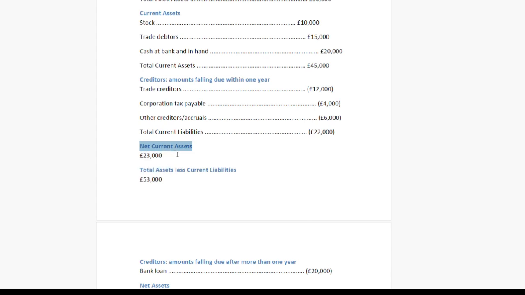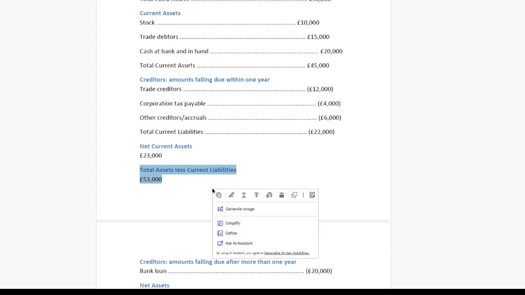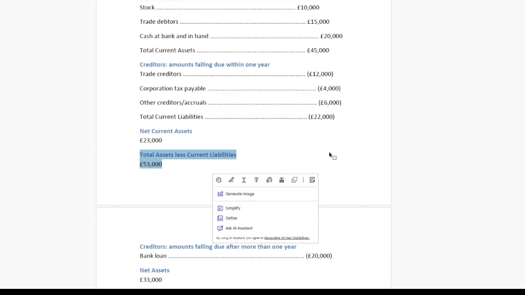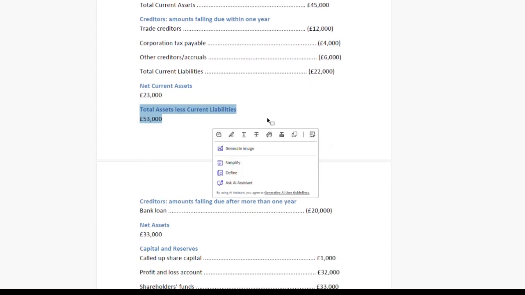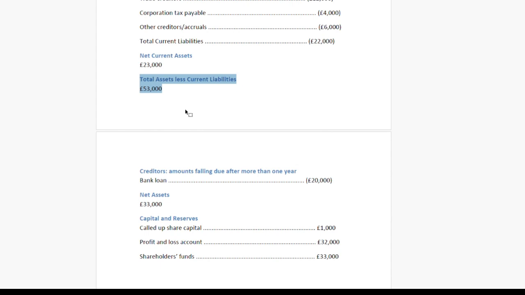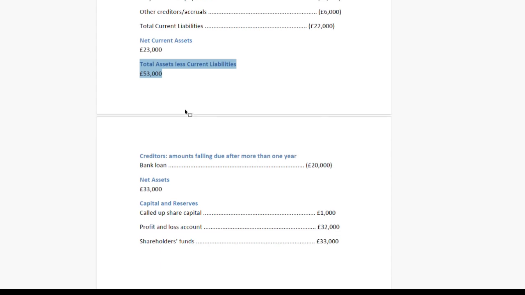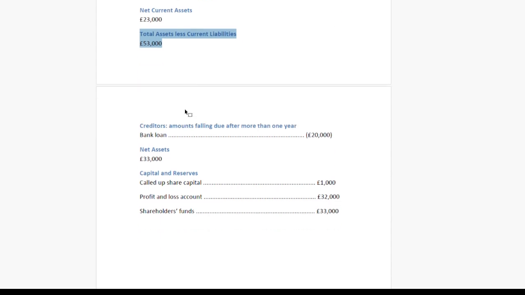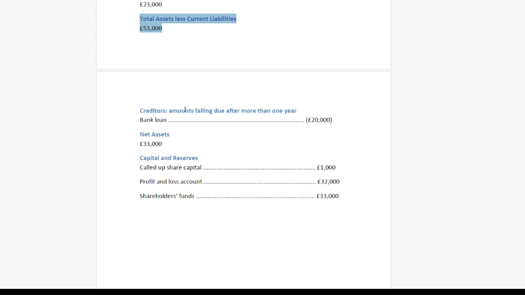Next figure on there, total assets less current liabilities, is basically looking at all your assets less your current liabilities. And again, this figure is positive here, which is an indication the company is healthy in this situation. We're then looking at longer term creditors. So these are money that is owed to people, in this case a bank, but it's not going to need to be paid back within the next year.